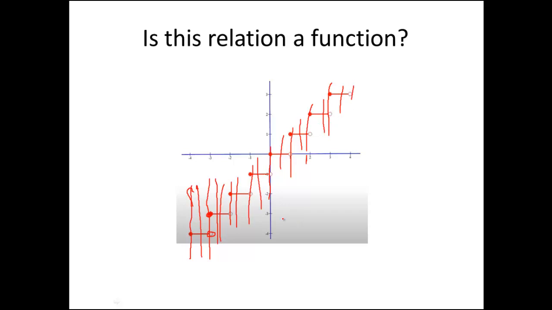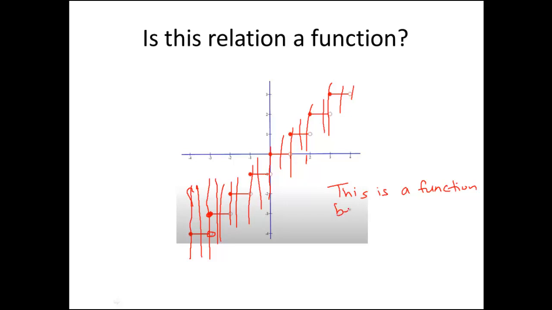It's actually called a step function. This one is a function. I'm going to write the real reason it's a function. I know it passed the vertical line test, but I'm going to use the definition right now.